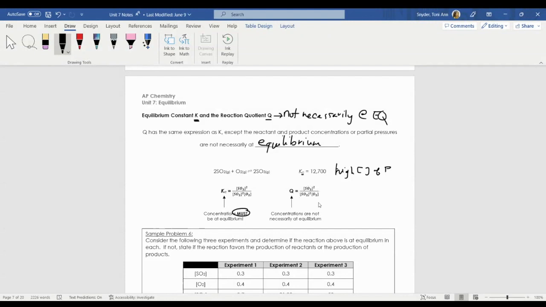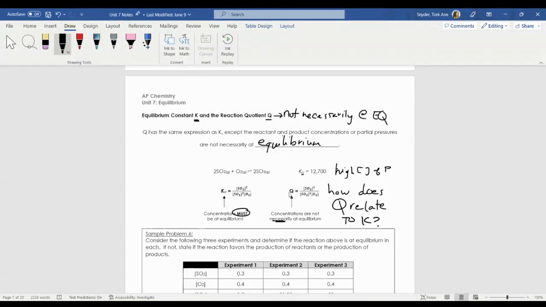Q has the exact same expression, except we don't really know if we are at equilibrium. So we're using the values that could be given to us, using a set of concentrations, plugging them into this expression, and seeing how Q relates to K. If Q is equal to K, that must mean that I am at equilibrium.